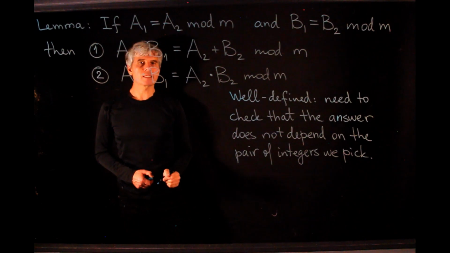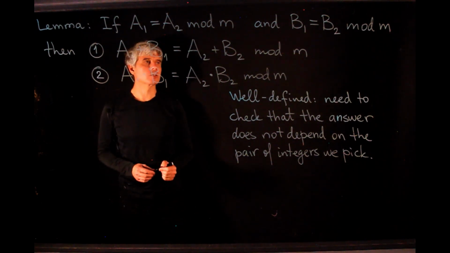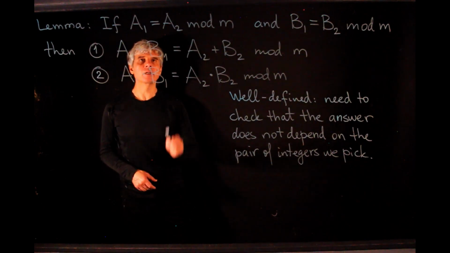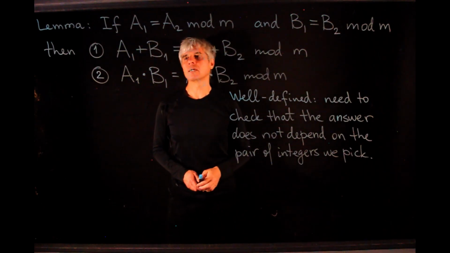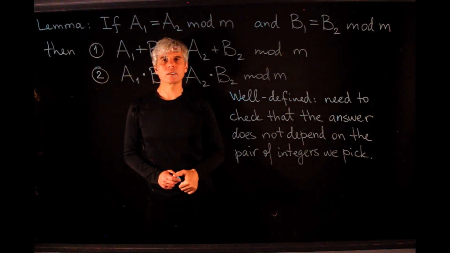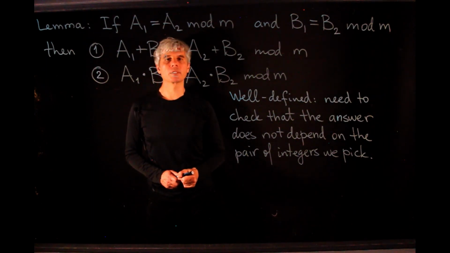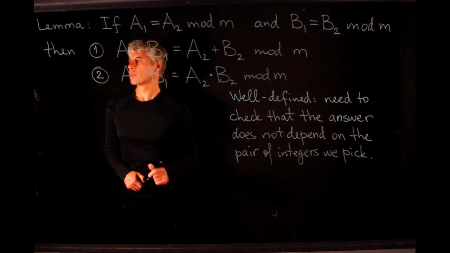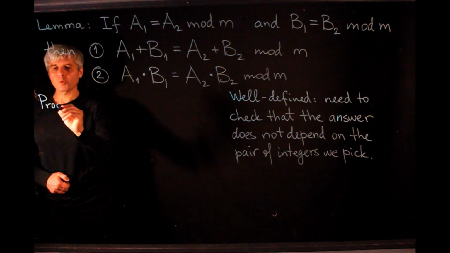This exactly means that our rule is well defined, so that it wouldn't matter which pair of integers we pick, as long as they have prescribed remainders, the final result of the computation is going to be the same, both for addition and for multiplication. So let's give the proof of this lemma. Proof.